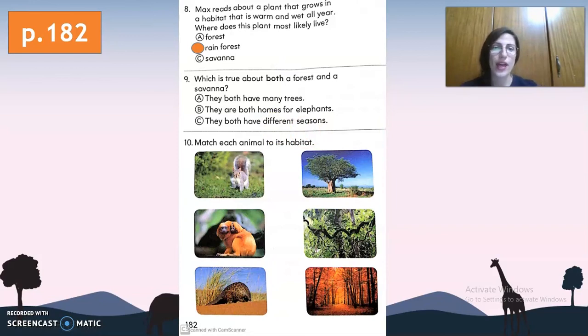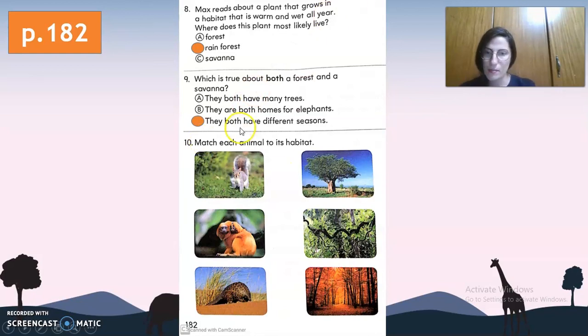A, they both have many trees. B, they are both homes for elephants. C, they both have different seasons. Well, correct, it is C, because both of them do not have many trees, and both of them are not homes for elephants, only the savanna, but both have different seasons. Clear so far?